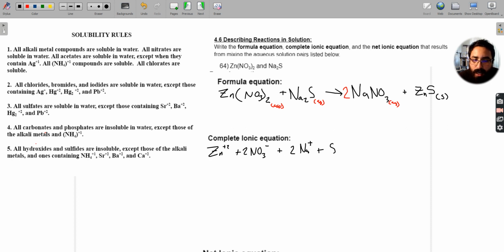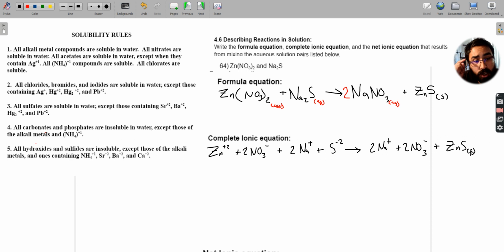And then there's 1 S, and it has a -2 charge. And on the right-hand side, we got 2 NAs, and they're plus. And then there's 2 NO3s, and they're minus. And then there's a zinc sulfide that does not break apart. All salt, since it's a solid, it doesn't break apart.